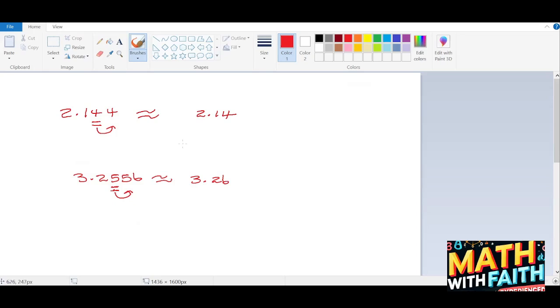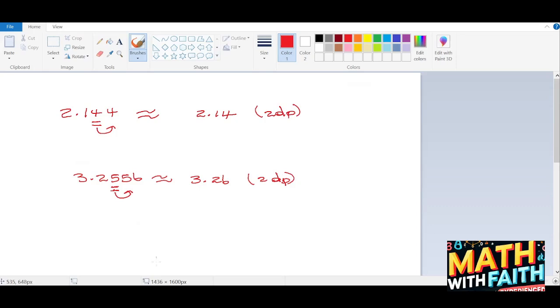And again, I keep emphasizing we don't have to put in those zeros for the decimal places because they do not add any value. They don't shift our numbers into the correct column or anything like that. So 3.26. And what I like to do is to say this is to 2 dp. I put in brackets how much I have approximated it to, just to add some clarity that this was approximated to 2 decimal places.